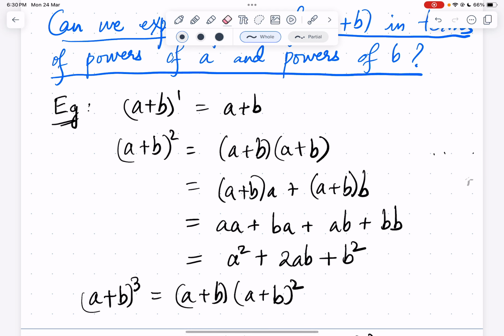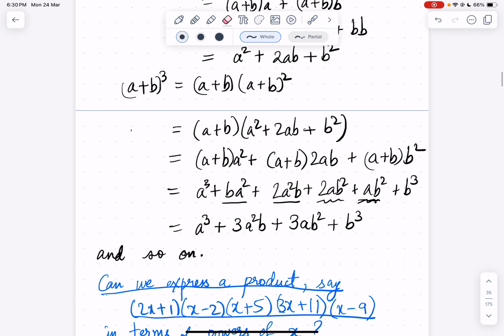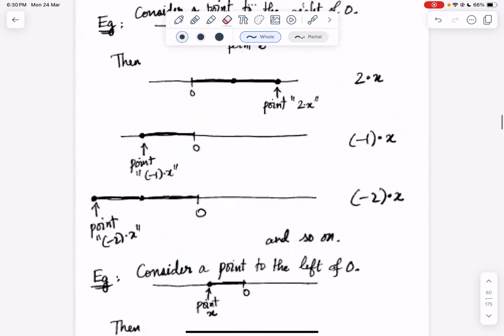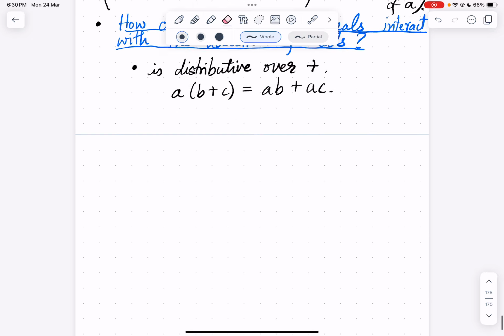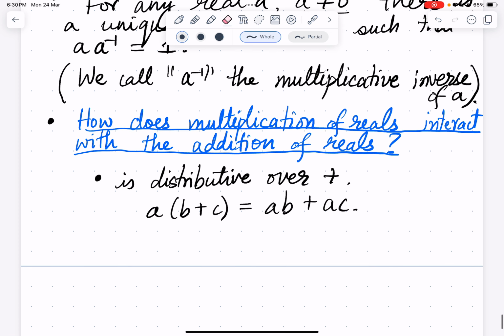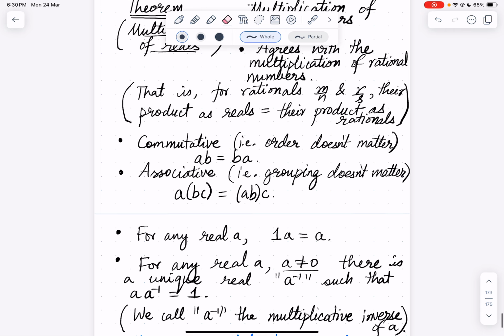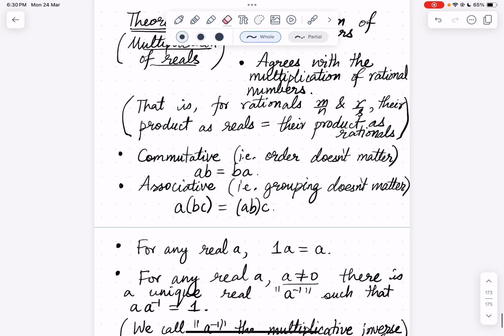So same, and we could do a plus b whole cube, so on. We could do such kinds of algebra because of distributivity. So distributivity is a very key property. So how does multiplication of reals interact with the addition of reals? So multiplication is distributive over addition, that is a times b plus c is a times b plus a times c. So these are the key properties of multiplication of reals.